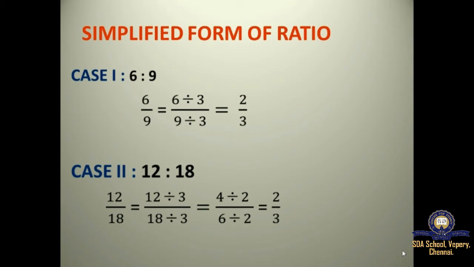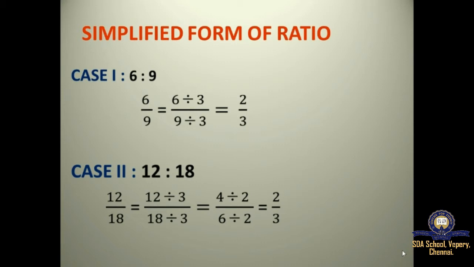Dividing 12 by 3 gives 4, and dividing 18 by 3 gives 6. Further, 4 and 6 are divisible by 2. Dividing 4 by 2 gives 2, and dividing 6 by 2 gives 3. So the simplified ratio of the number of girls to the number of boys in the class is 2:3.